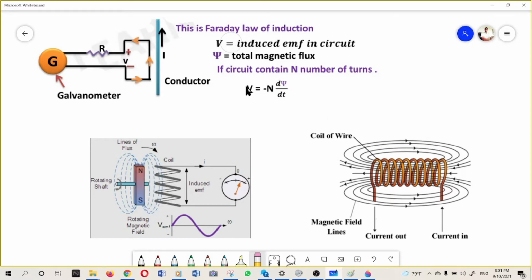And this induced EMF, if it is V, the amount of this EMF depends on the total flux density and also the flux cutting rate, d phi by dt, and a constant, which is the number of turns of the coil.